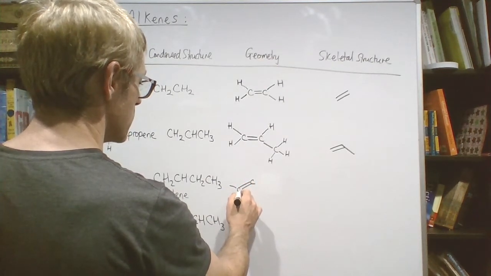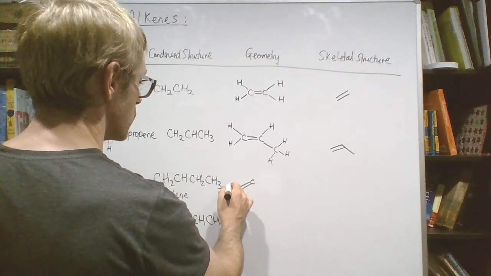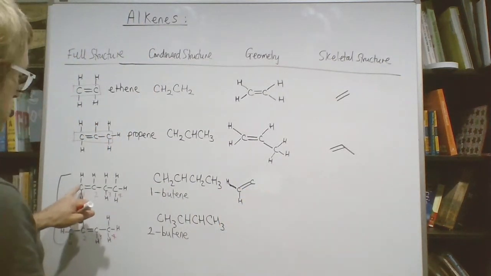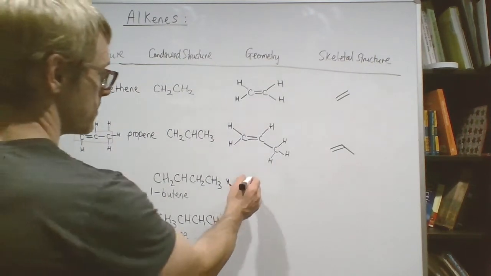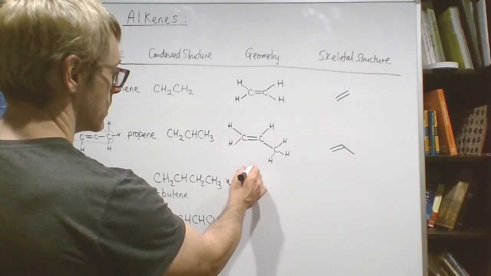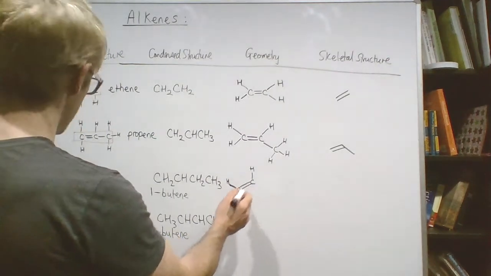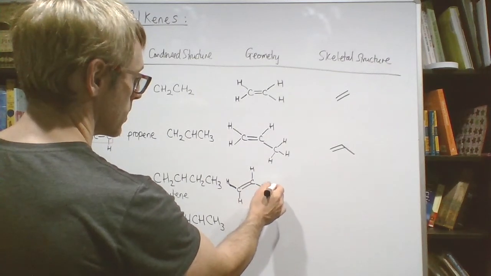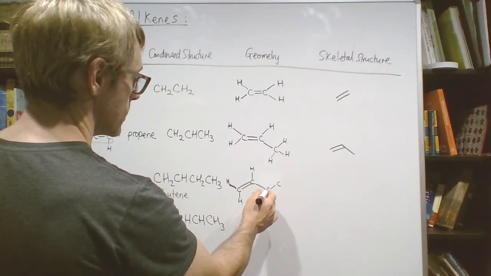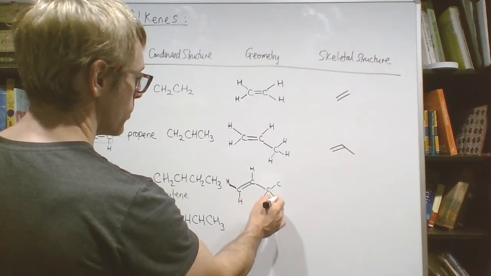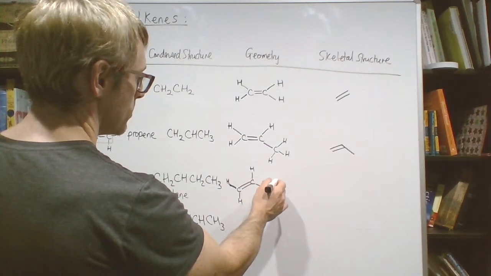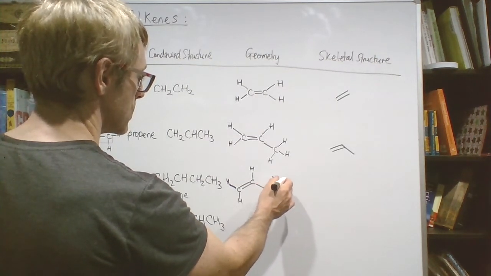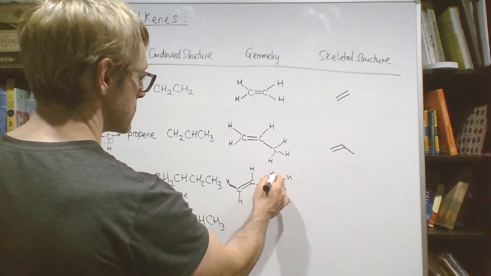So long as I make an effort to keep that 120-degree bond angle, I should be okay. So here's my first carbon with the 2 H's. Then I've got another H, and then another 2 carbons. So I can do this, and that will afford me less space used on my board, if nothing else.